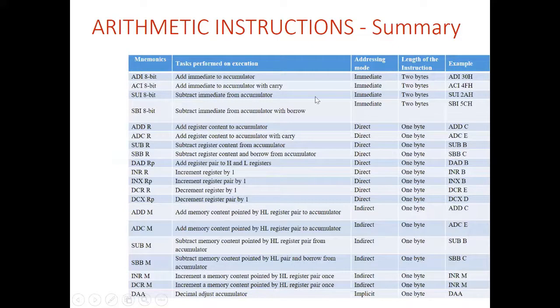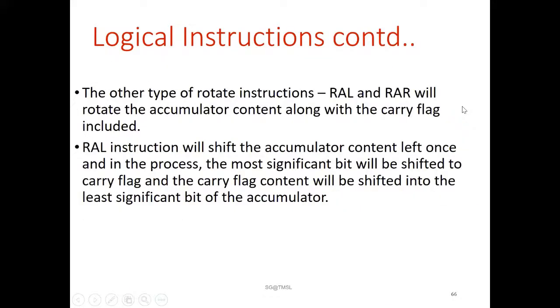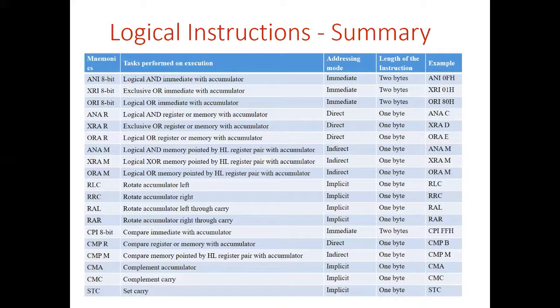ADI is used to add a particular data byte with the accumulator. In the same way, if you want to perform the AND operation with the specific content, like in this case it is given as 0F, the accumulator content will be ANDed with 0F, and the result will be stored inside the accumulator. Or XOR operation between the content of accumulator and the specific data 01. Accumulator and 01 will be XORed, and the result will be stored inside accumulator.